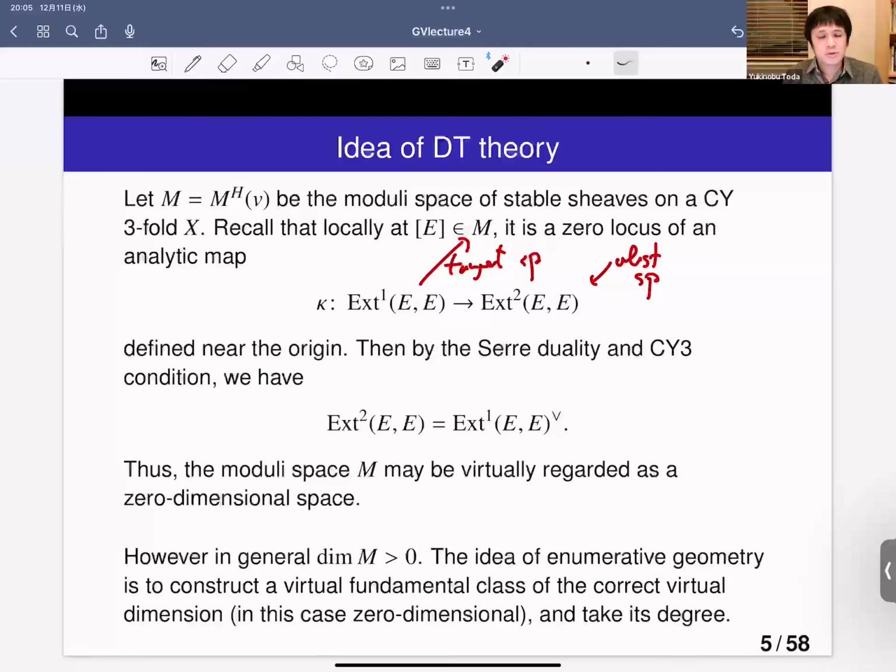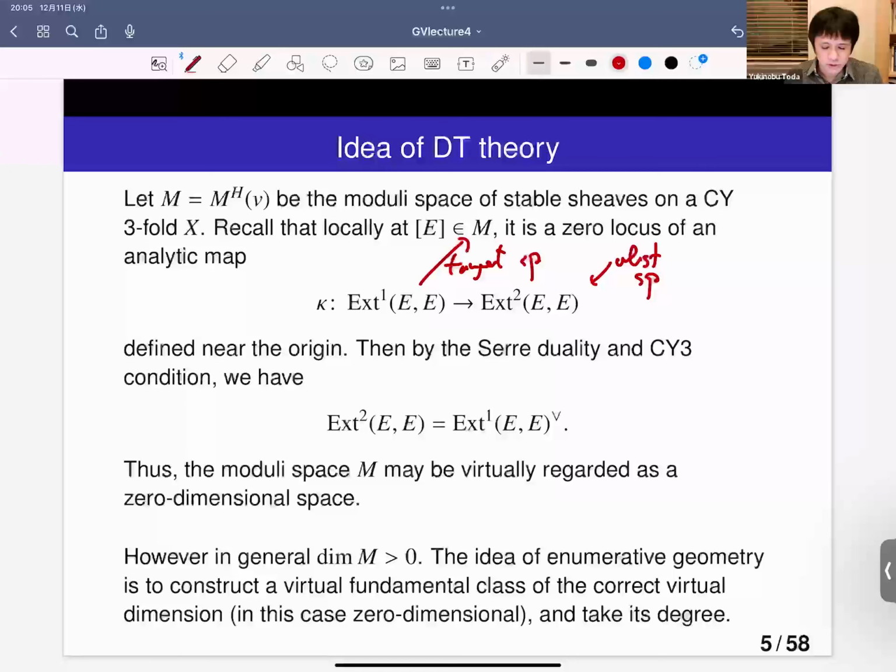Now here is the point about considering Calabi-Yau threefolds: the obstruction space and the tangent space are dual to each other. This follows from Serre duality and the Calabi-Yau three condition.